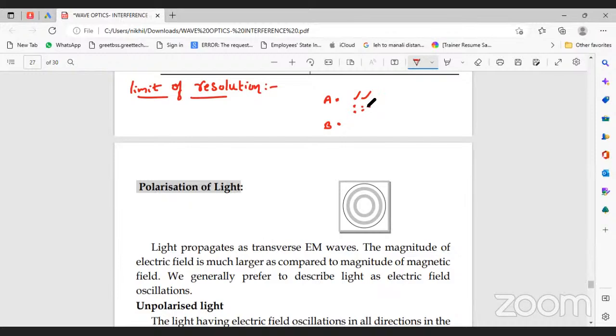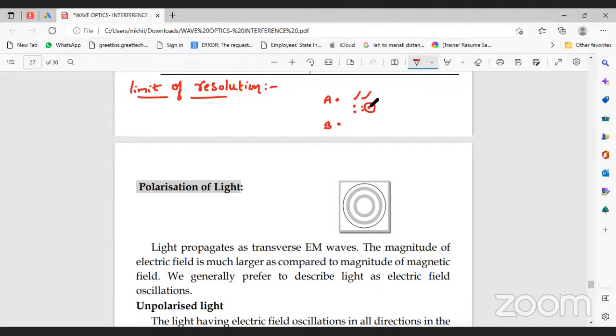Now I'm going to write the 2-point objects here. Can you notice the 2-point objects in the last case? No, sir, because it looks like a single point.